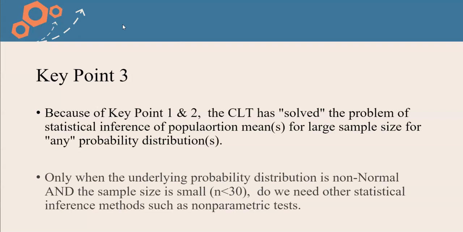Only when the underlying probability distribution is non-normal and the sample size is small, usually we say n less than 30, do we need other statistical inference methods such as non-parametric tests. So this is really showing how powerful the CLT is. The CLT is the cornerstone of statistical inference.